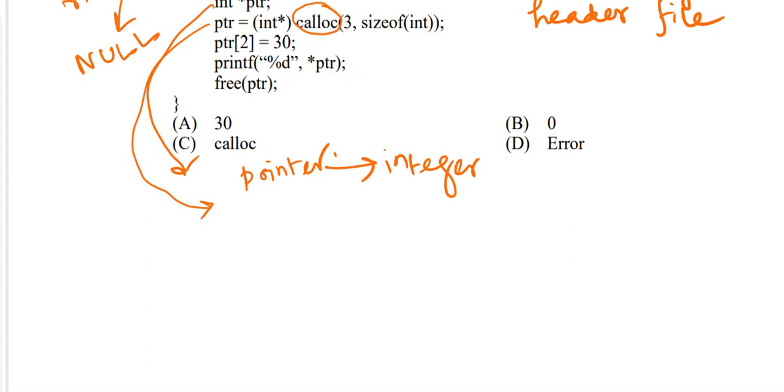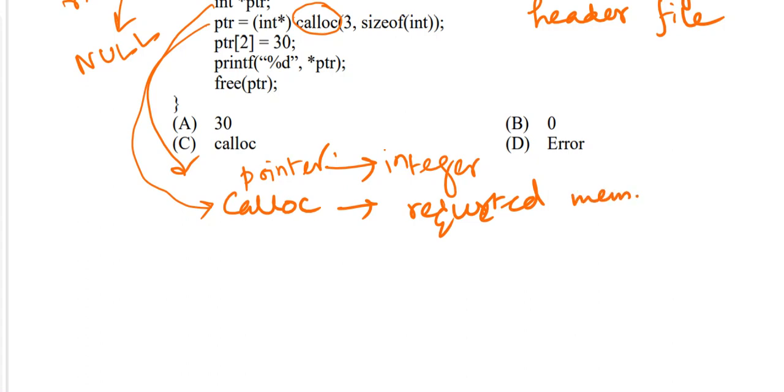The calloc function is a C library function that allocates the requested memory and returns a pointer to it.